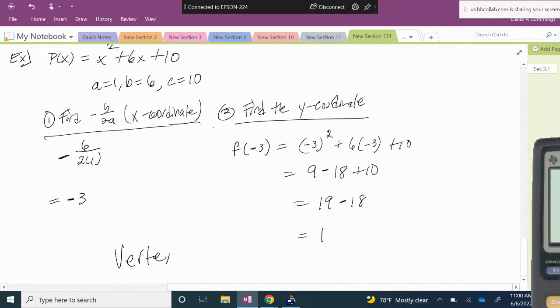If I put the two together, my vertex is negative 3, comma 1.